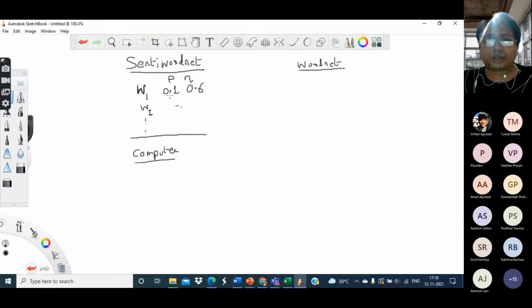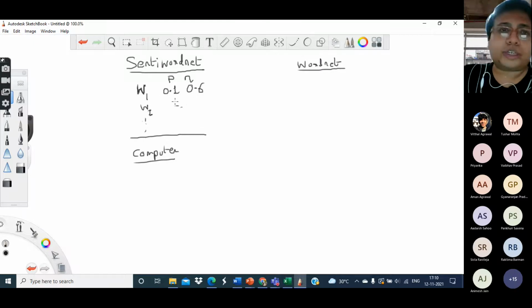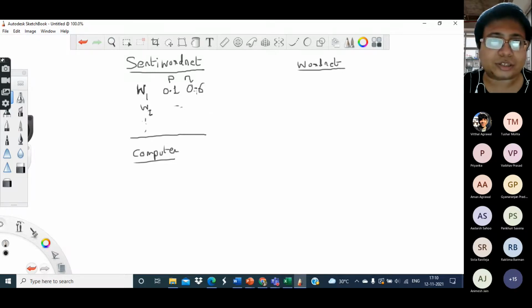Also, it may often happen that a particular word by itself has neither positive nor negative sentiment, but some words may be used more in a positive context and some words more in a negative context, even though they are themselves neutral words. So what do we do with these kinds of words?